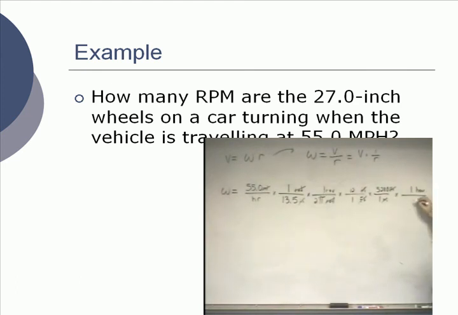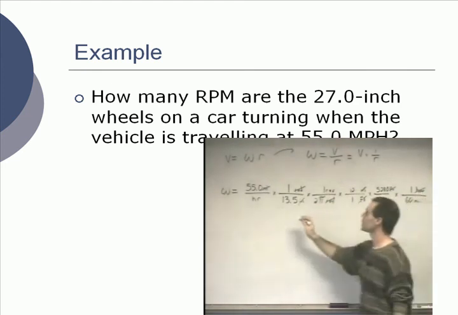How many seconds in an hour? 3,600. 60 seconds in a minute, 60 minutes in an hour? Oh, I'm sorry. Never mind. 1 hour into 60 minutes. I'm glad you caught that. 60 minutes. So we can cancel off hours.